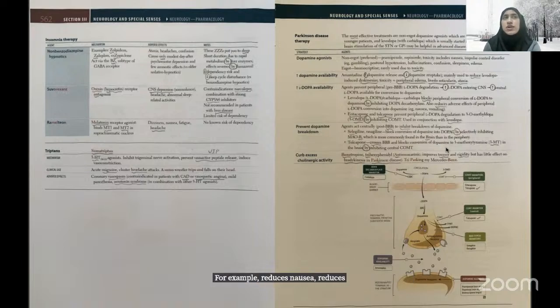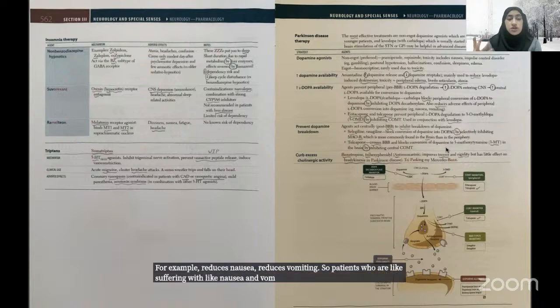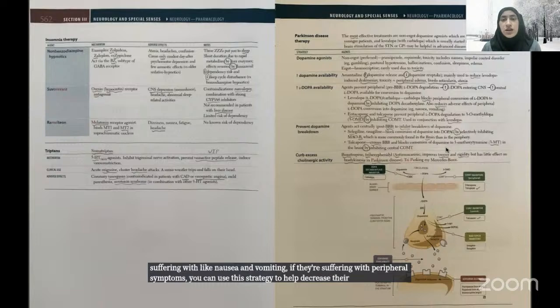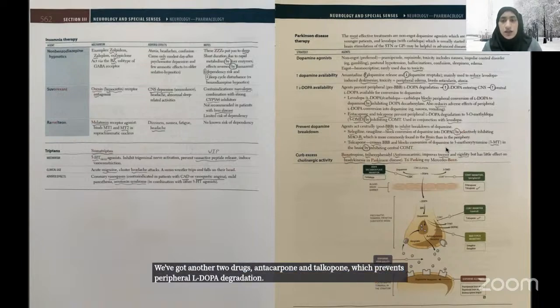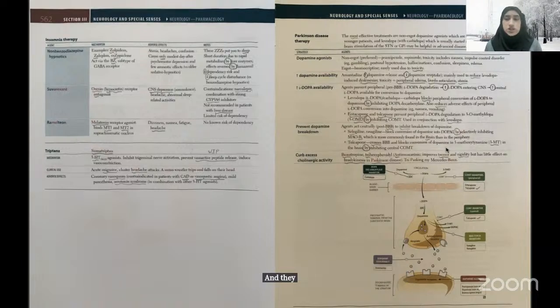So patients who are suffering with nausea and vomiting from peripheral symptoms, you can use this strategy to help decrease their suffering. We've got another two drugs, entacapone and tolcapone, which prevent peripheral L-DOPA degradation. They are also used in combination with levodopa.